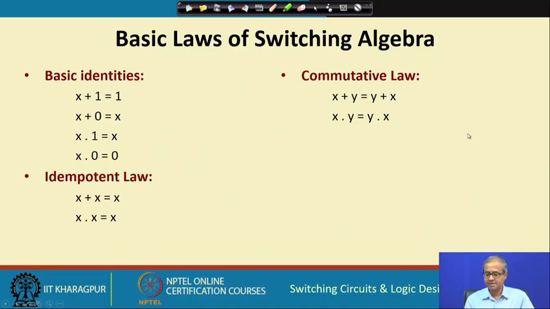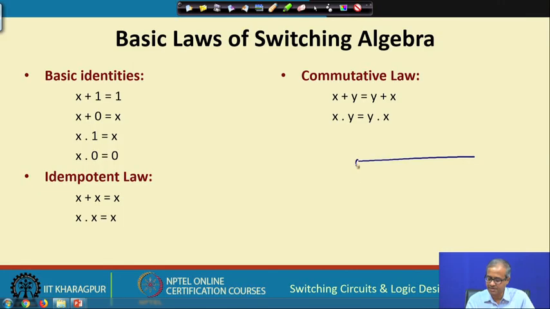Next, these are fairly obvious, but again these are rules, because you need to have some laws which you can use to derive more complex expressions. It says that the order of the variables does not matter when you take AND or OR. x plus y and y plus x are the same, x dot y and y dot x are the same.